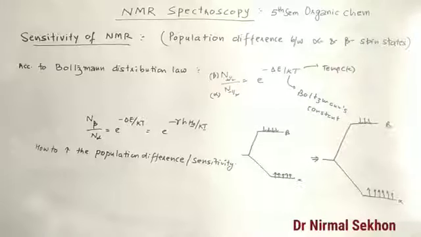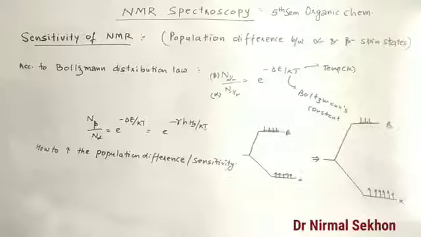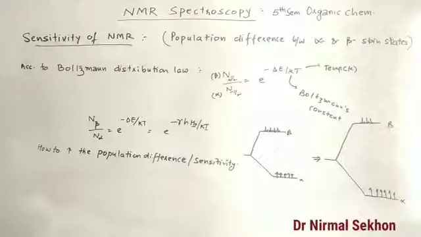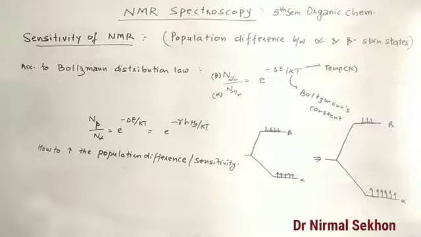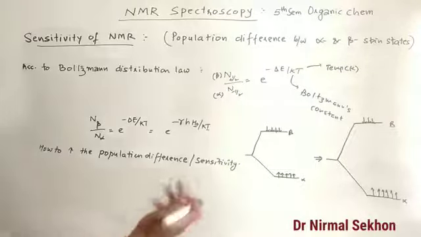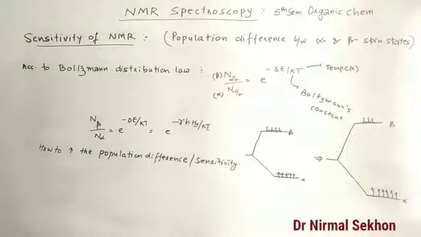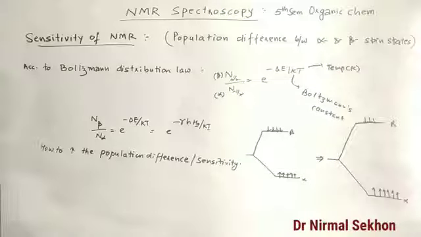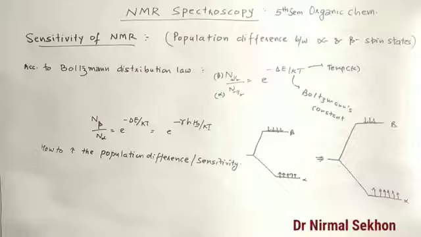That means no energy will be observed, because a signal appears only when flipping takes place. When the nuclei go from alpha to beta state, only then will the signal appear in the NMR spectrum. This flipping takes place by the absorption of energy, that is, a radio wave.